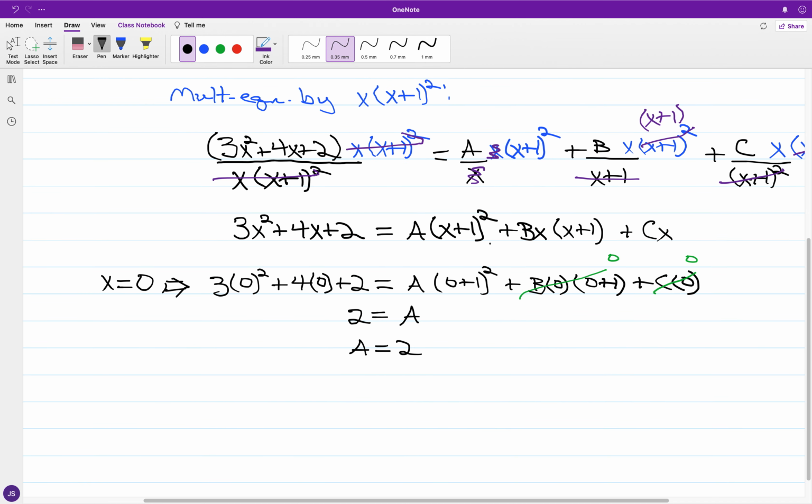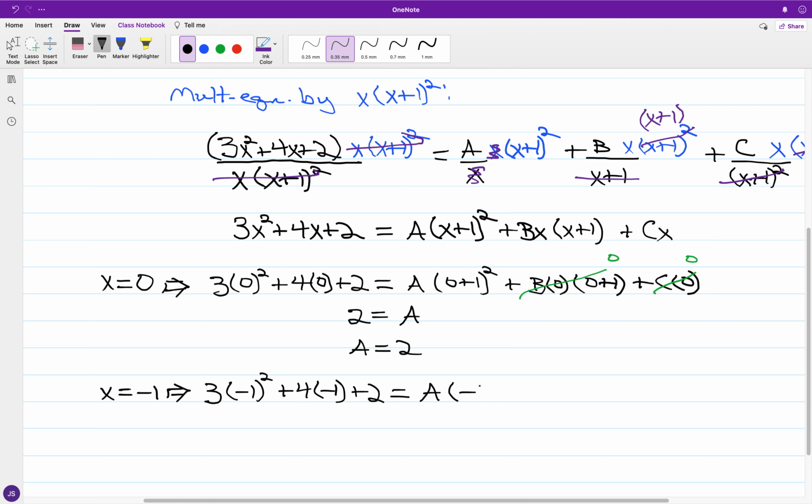In the case of setting x to negative 1, if I go back to the equation setup, I have 3 times the square of negative 1 plus 4 times negative 1 plus 2.